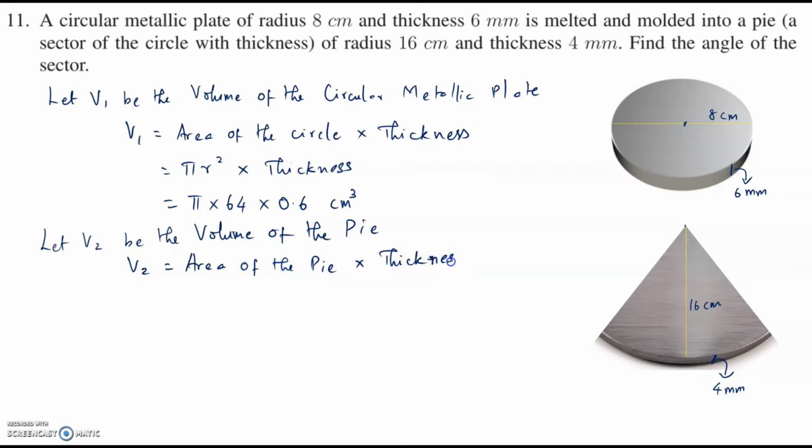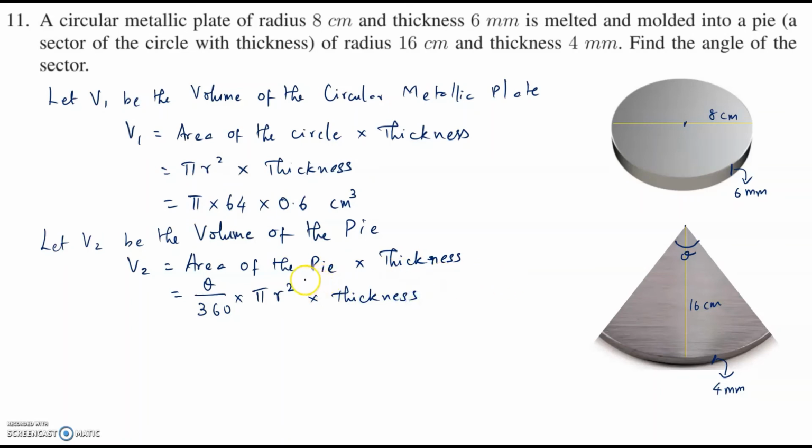To find the area of the pie, if we consider this angle as theta, it's theta divided by 360 into pi r squared, into the thickness.